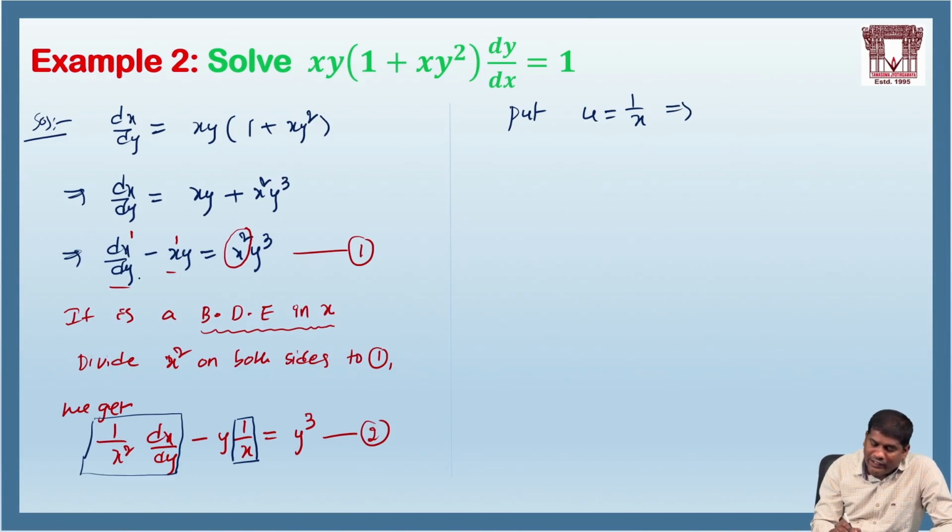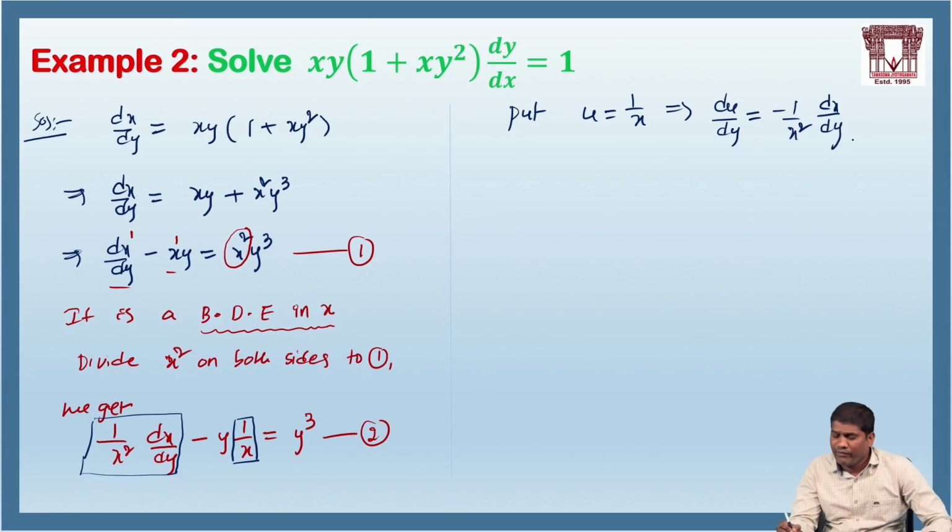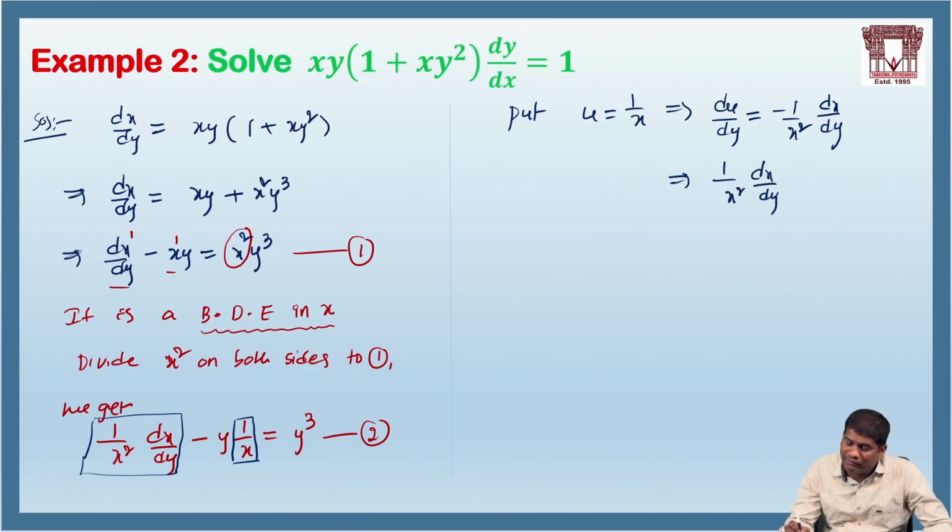Here the independent variable is y, that means we have the derivative with respect to y, so we have to write the derivative on both sides with respect to y. Then du/dy is equal to the derivative of 1/x, which is minus 1/x² into dx/dy. Then that implies 1/x² into dx/dy is equal to minus du/dy.